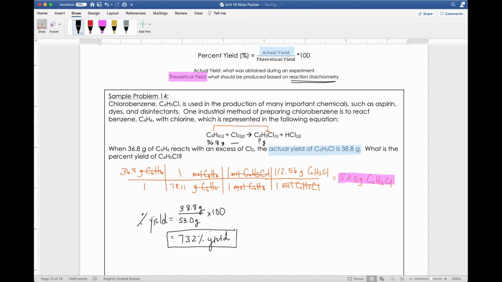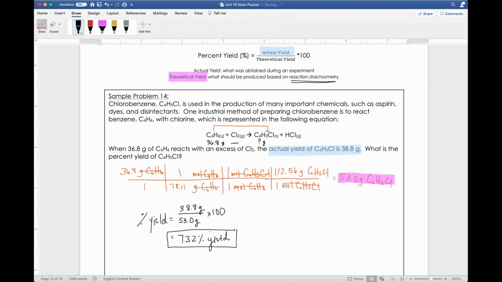And there's nothing wrong with that. Sometimes you might get a very low percent yield, and that's okay. And in the next couple of slides here, we're going to talk about reasons why you might not get a 100% yield, because in fact, in chemistry, it's actually very difficult to do that. You're not always going to have it set up this way.